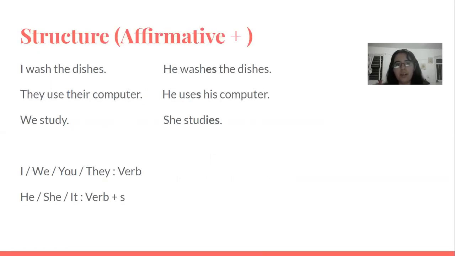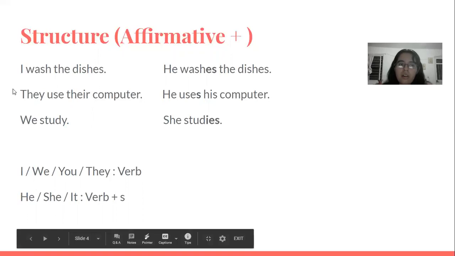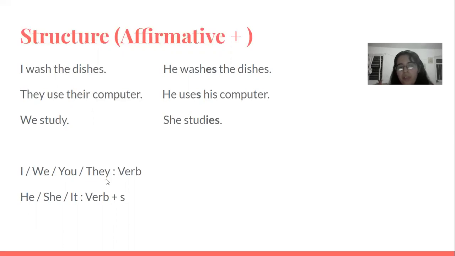So then, let's see the structure. The affirmative structure is like: I wash dishes. He washes the dishes. They use their computer. He uses his computer. We study. She studies. So here we can see that when it's I, we, you, or they, the verb is normal.